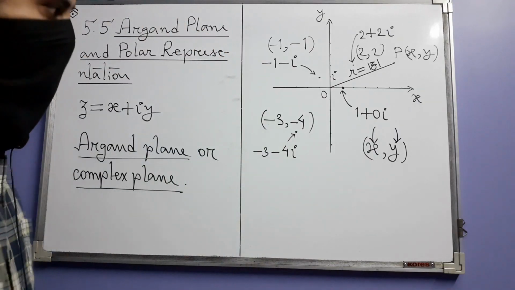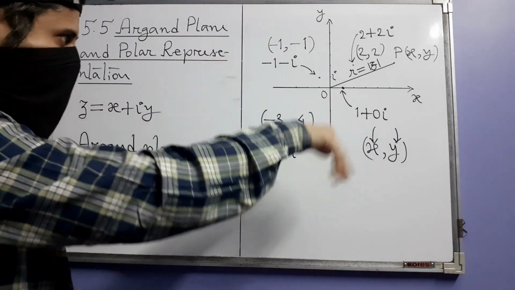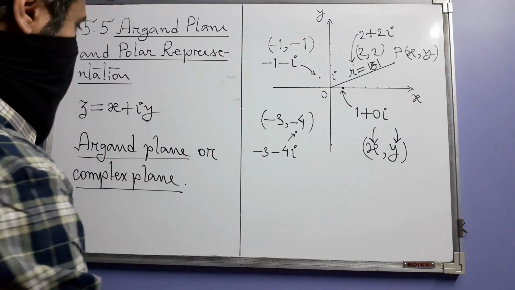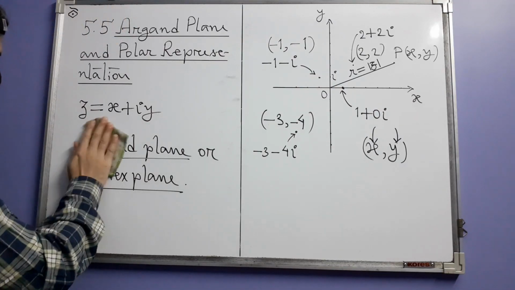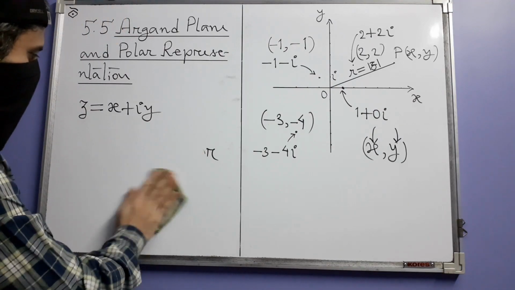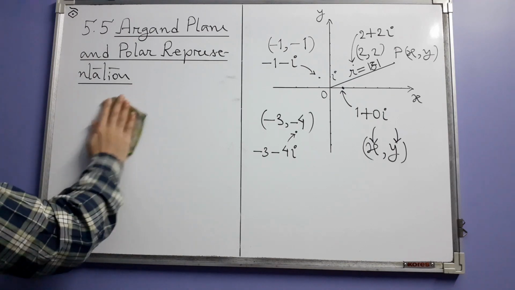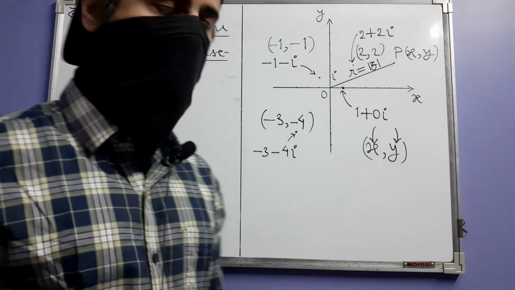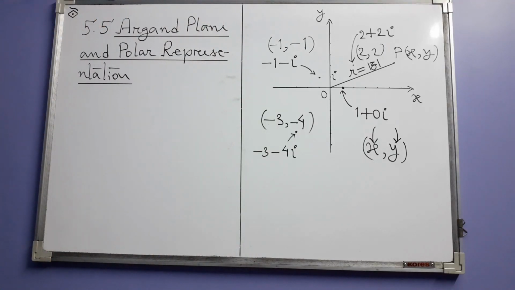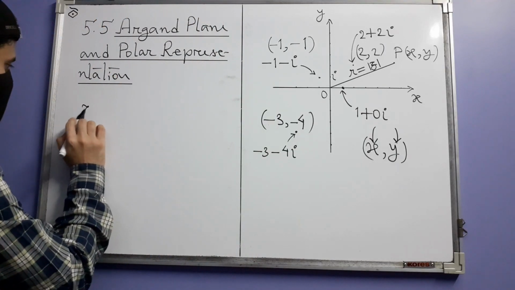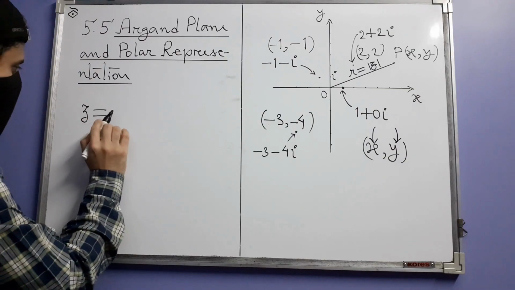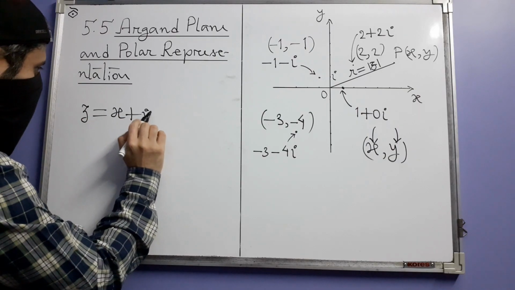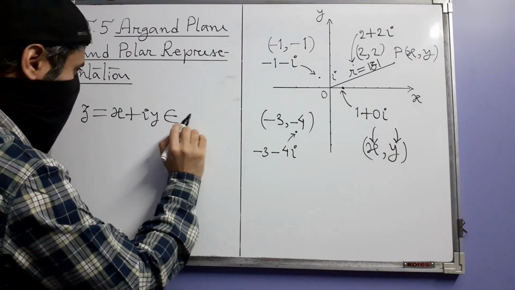Okay, so now that we know what complex numbers have to do with the two-dimensional plane, let's see what this association tells us about some other things that we know about complex numbers. For example, let us take a complex number z equal to x plus iy.